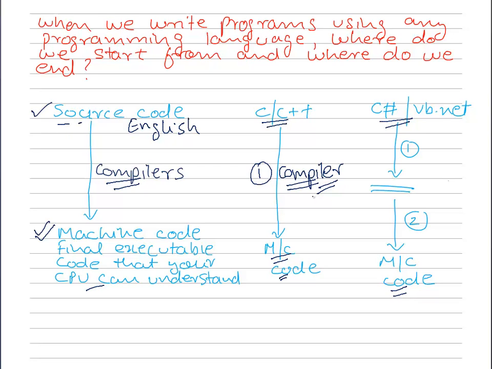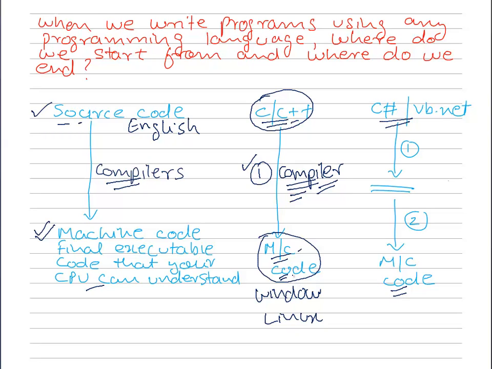So for all different environments, you have different compilers which will convert your source code into the final machine code, right? If you want to target a Windows based environment, you have a separate compiler. If you want to target a Linux based environment, you have a different compiler, right? So it's a one-step process to convert the source code into the machine code.